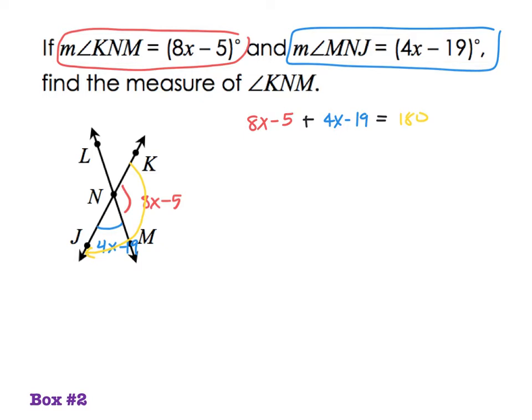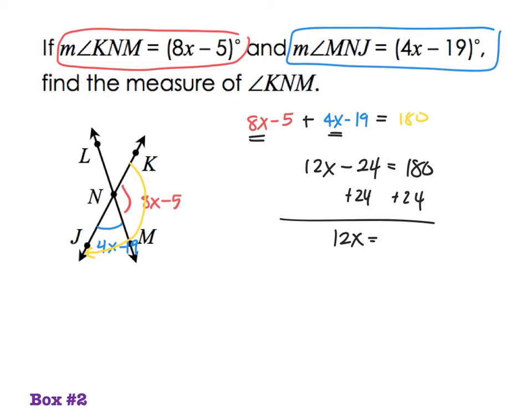Okay, it was referenced in the previous notes, just in case you're wondering. So combine like terms, and I have 12x minus 24 equals 180, plus 24 on both sides, and we have 12x equals 204, and we're going to divide both sides by 12. X equals 17.